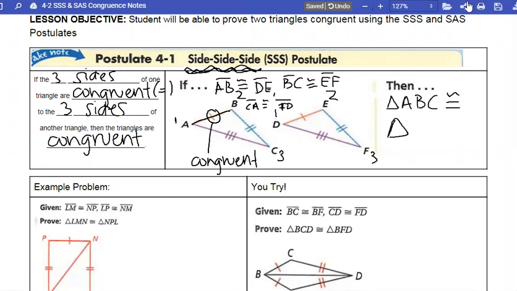It has to go in the same order. That's why I numbered these. For ABC, I went 1, 2, 3. So for my second triangle, I have to go in the order 1, 2, 3. My D was number 1, my E was number 2, and my F was number 3. Since all 3 sides of my triangles are congruent, triangle ABC is congruent to triangle DEF.